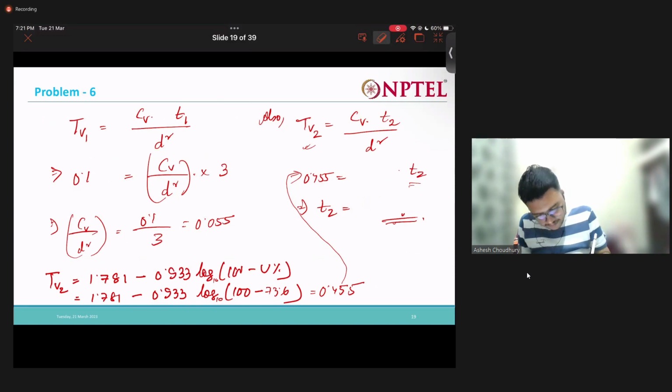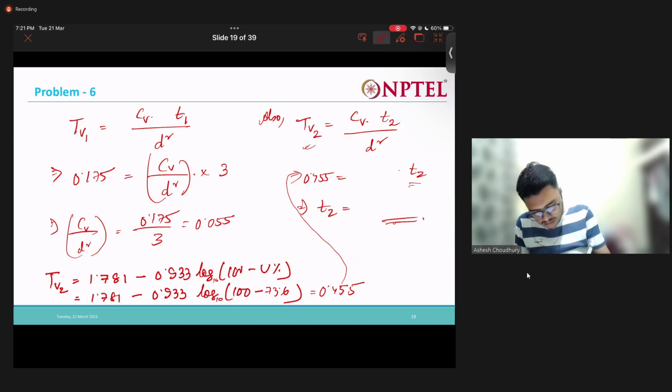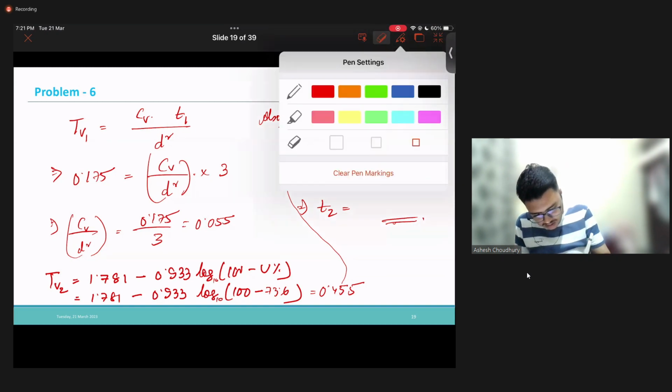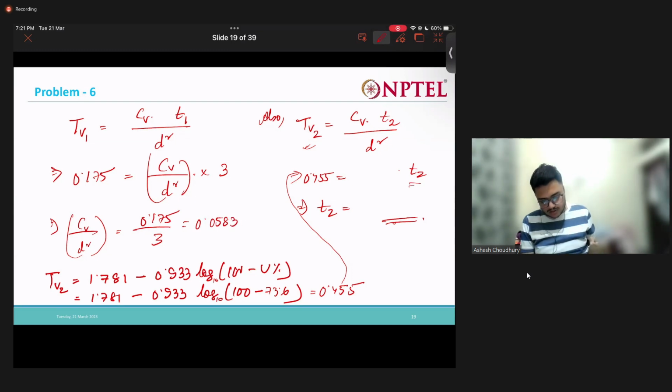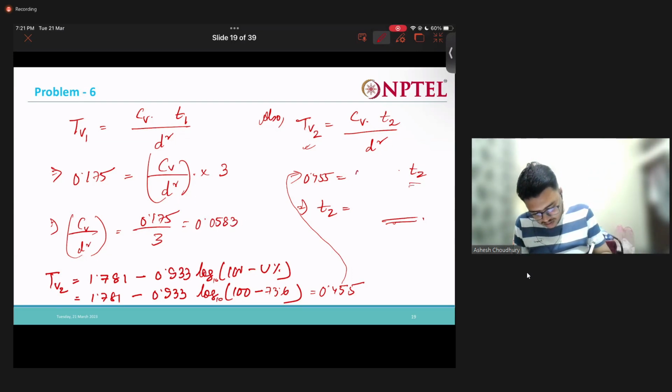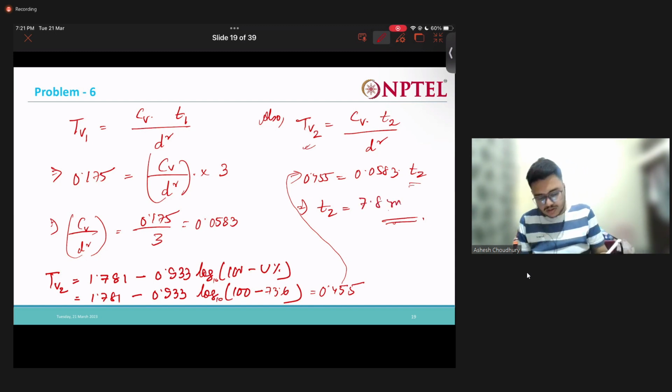A little bit it's going to change. 0.583, 0.053, 7.8 years.